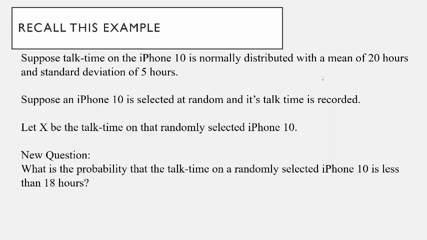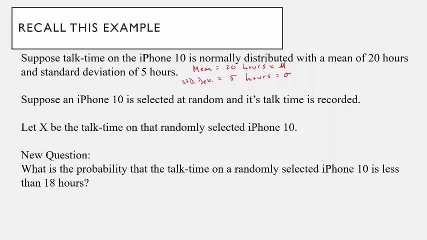Suppose talk time on the iPhone 10 is normally distributed with a mean of 20 hours and standard deviation of 5 hours. So the mean talk time is 20 hours, that's this mu, and the standard deviation is equal to 5 hours, and that's this sigma. We're going to select an iPhone 10 at random, and its talk time is going to be recorded.